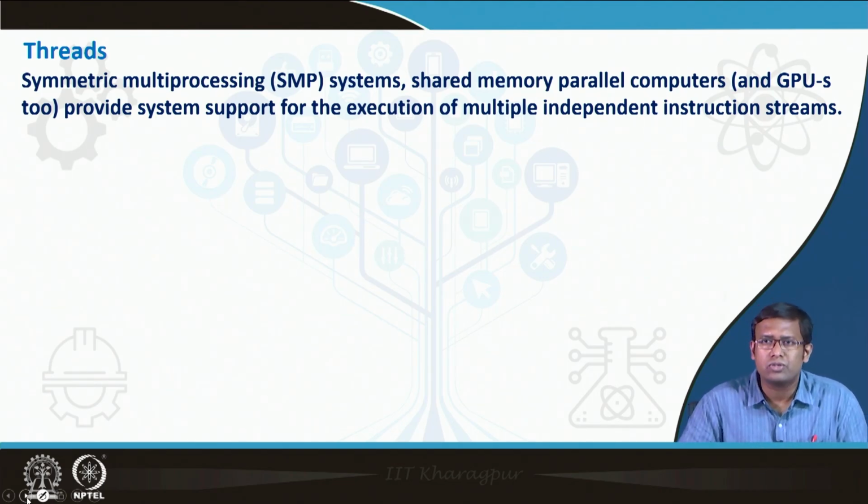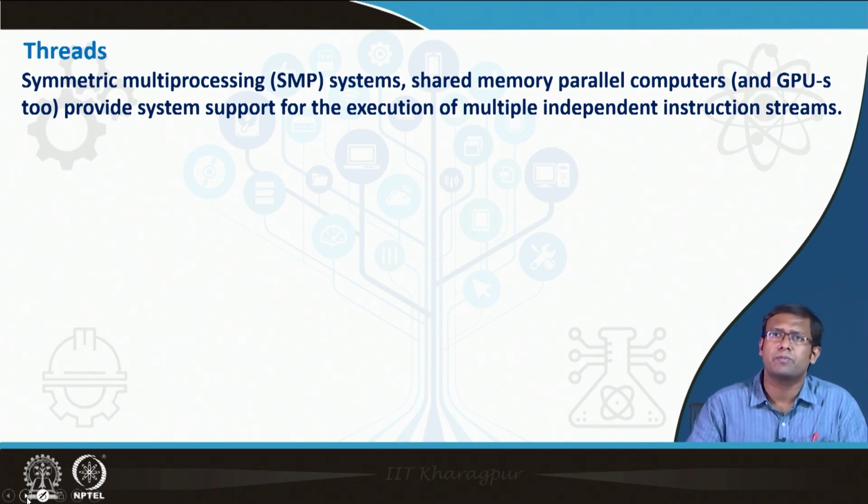Now there also is a requirement of system level support by the operating system, by the other hardware, and by the scheduler of the processors which is built into the motherboard. This system level support is important so that all these processors can execute independent instruction streams in parallel, or operate concurrently on the same data space.